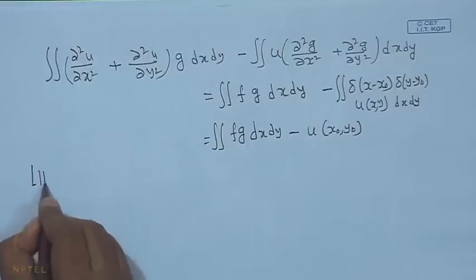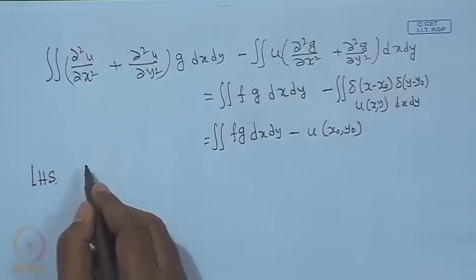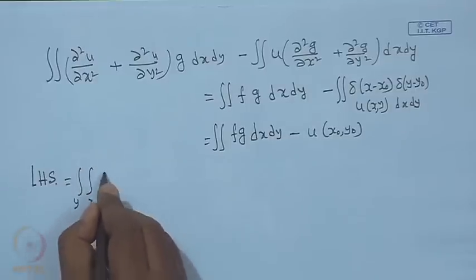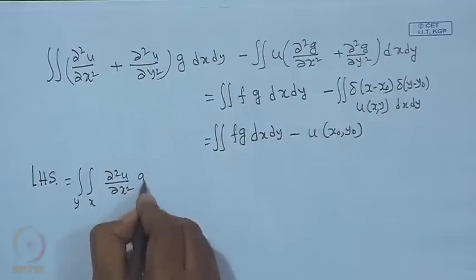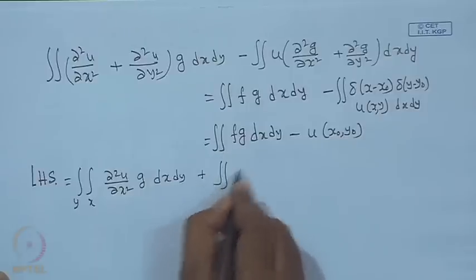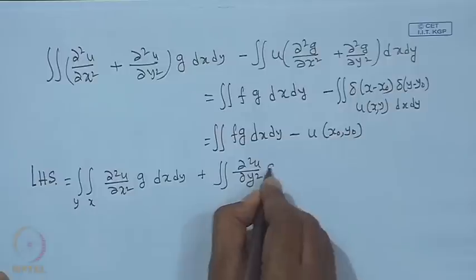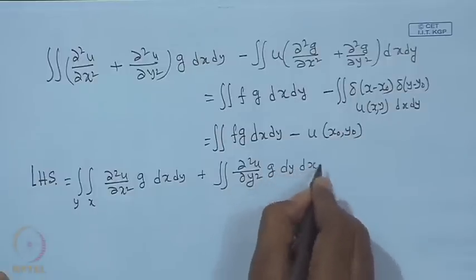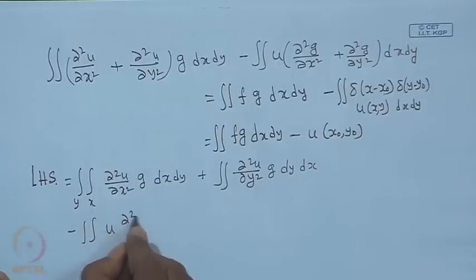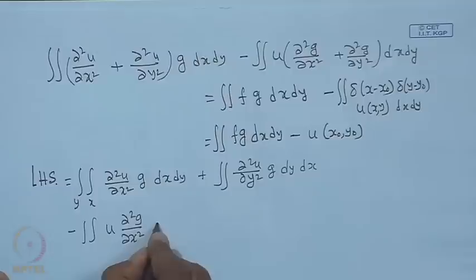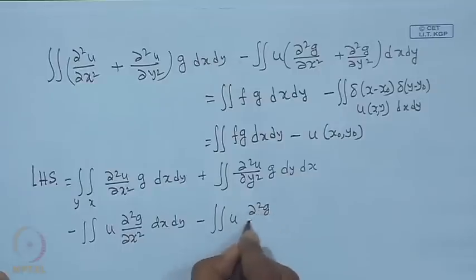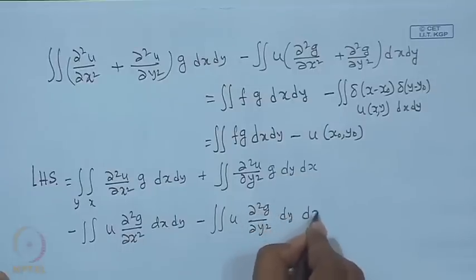Now, let us look into the left hand side first and then we will look into the right hand side. Left hand side, let us see what we get. We have double integral of del square u del x square g dx dy plus del square u del y square g dy dx minus u del square g del x square dx dy minus u del square g del y square dy dx.